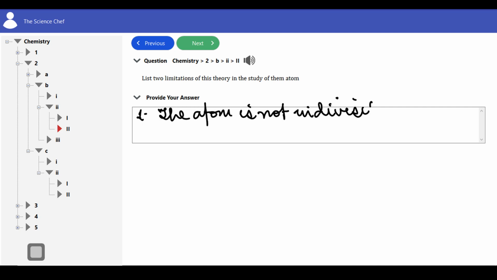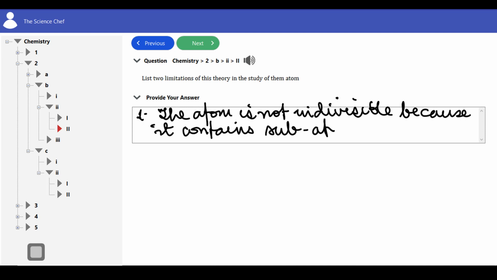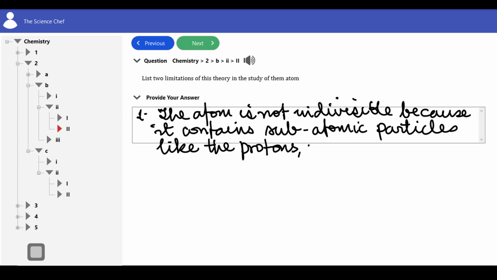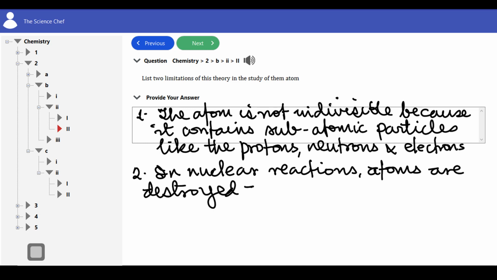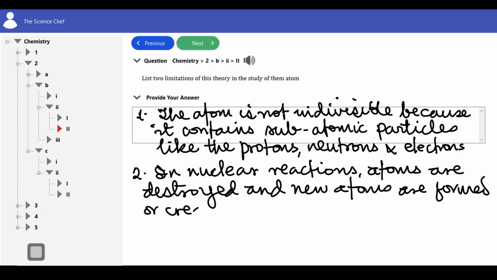The atom is actually divisible, because it contains subatomic particles like the protons, neutrons and electrons. 2, in nuclear reactions, atoms are destroyed and new atoms are formed or created, right?